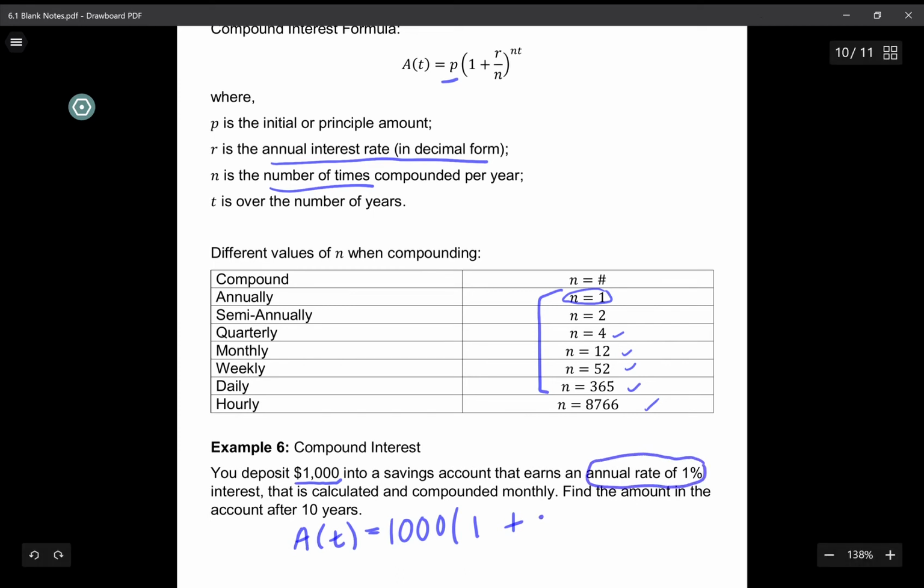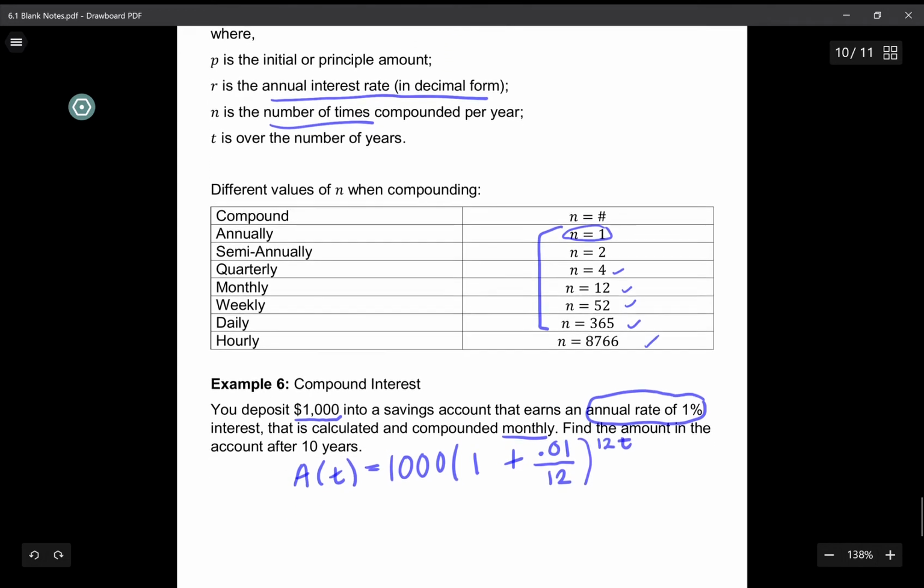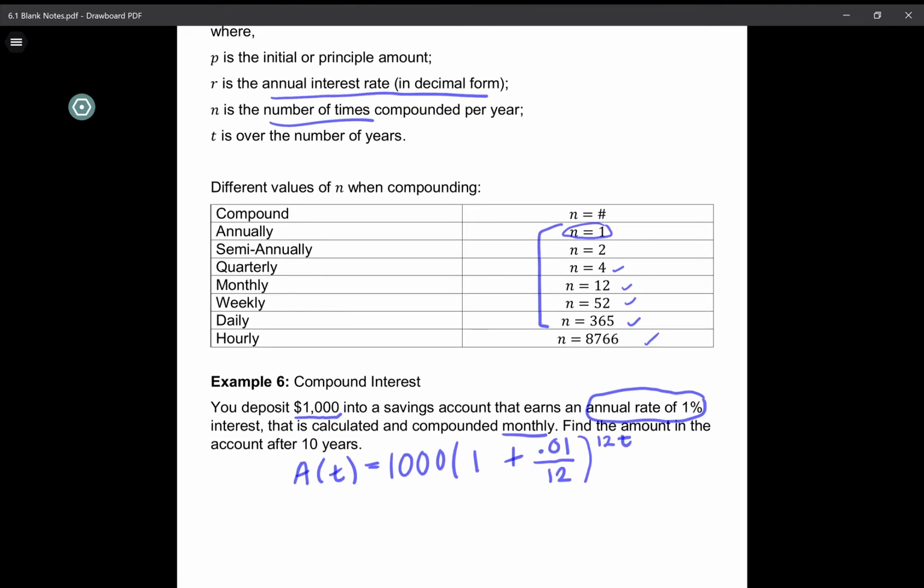So we put that as 0.01. And how often is this compounded? Well, it's compounded monthly. Monthly means 12 times a year. So I'm going to put a 12 in there to the 12t. So there is my generic formula that I'm going to use to solve this problem. You can simplify it down a little bit if you want to, or you can just leave it like that.